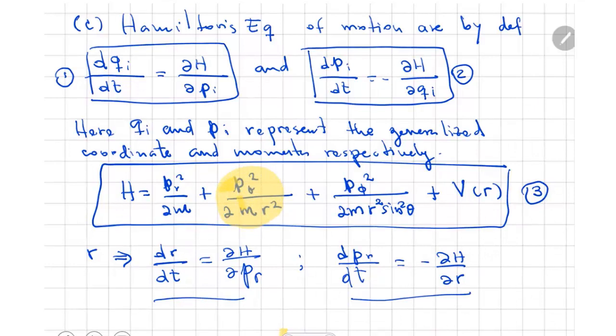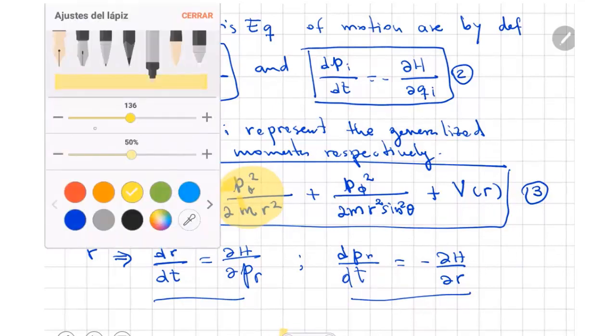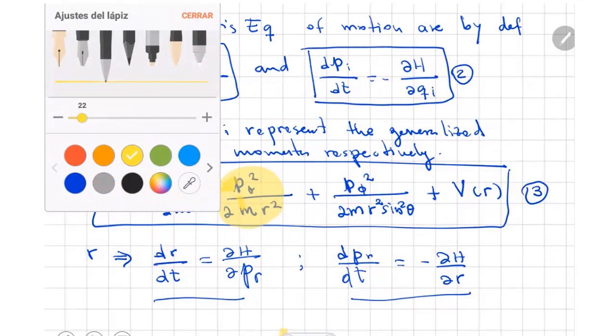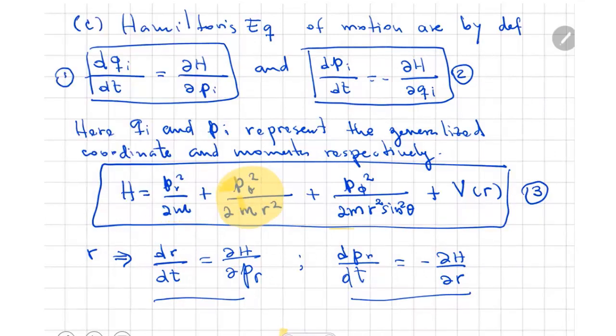So when we do the derivative with respect to p_theta of the Hamiltonian, the first, third, and fourth terms go away, because their derivatives with respect to p_theta are 0. The only surviving term is the second one, p_theta squared divided by 2m r squared, the one highlighted.